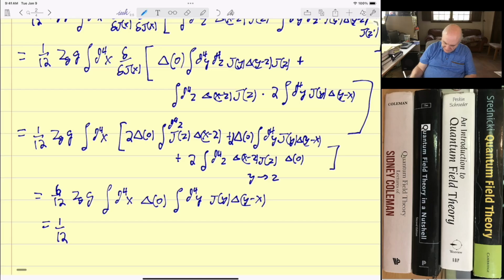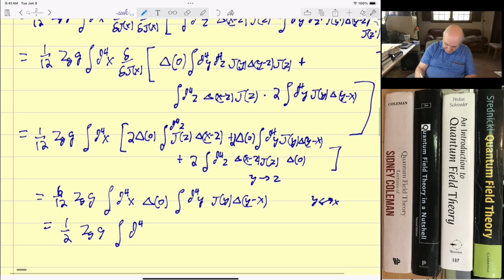Now let's change variables from y. Just rename x to y and y to x. So I get 1/2 ZGG integral d4y d4x del 0 jx del x minus y.